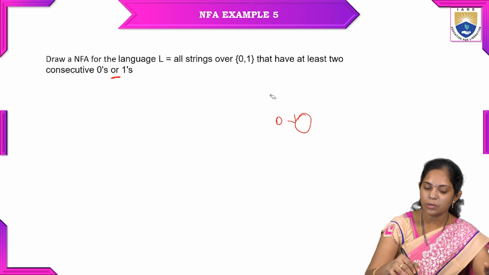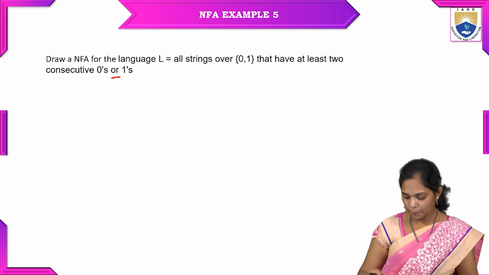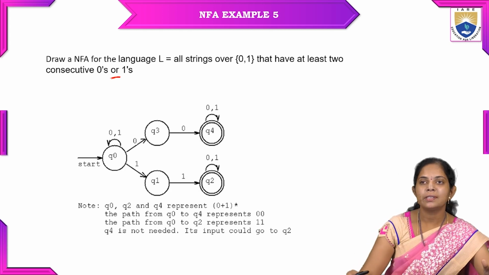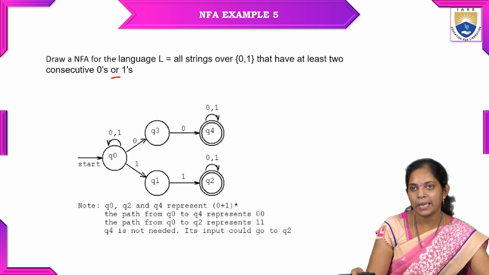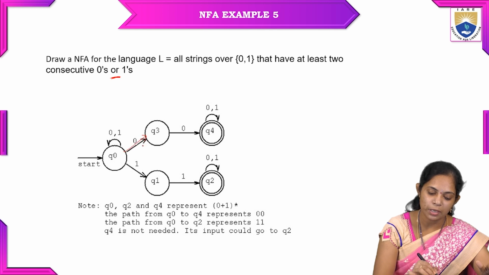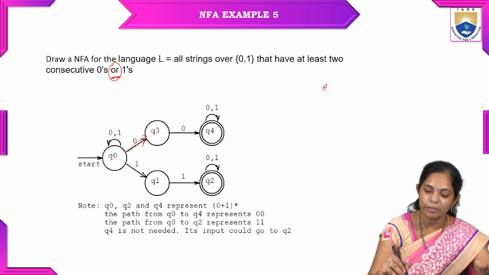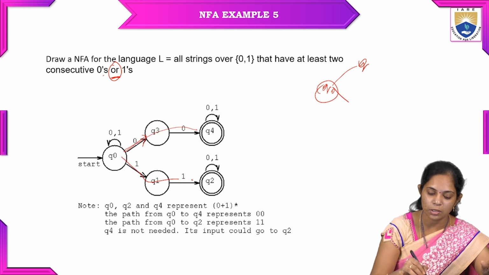So what are the consecutive zeros and what are the consecutive ones? Let's draw this one. After construction, we have this NFA. Here, as we already discussed, the OR means from the state Q naught it reaches two states: either consecutive zeros or consecutive ones.